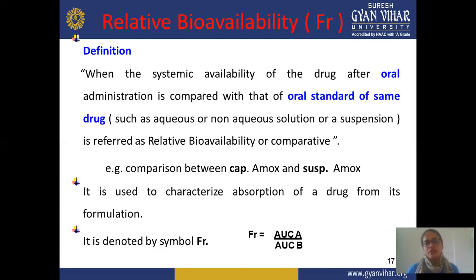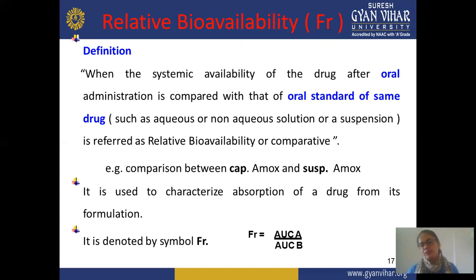If you administer a drug by oral route, the oral standard drug may be in a solution form, or maybe a suspension form or any other formulation, but you are giving it by the oral route. The route of administration is the same, but the dosage form may be changed. An example of relative bioavailability is the comparison between a capsule of amoxicillin and a suspension of amoxicillin. This is used to characterize absorption of the drug from its formulation.